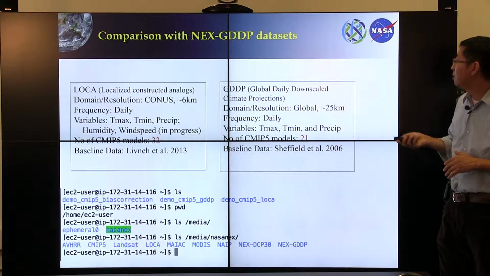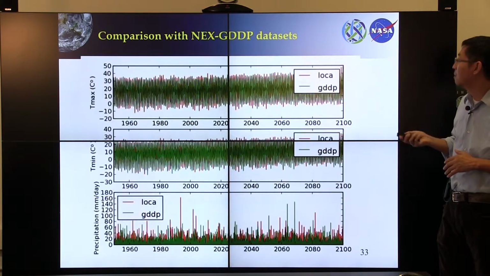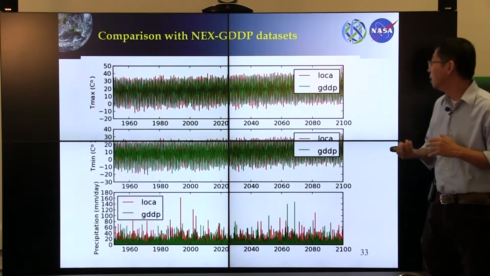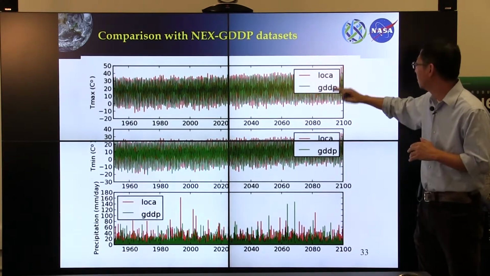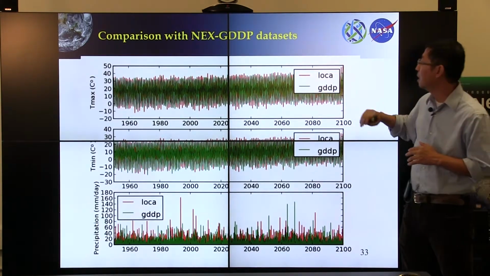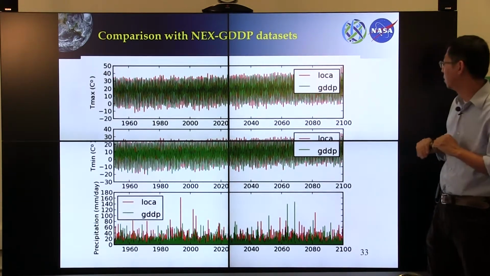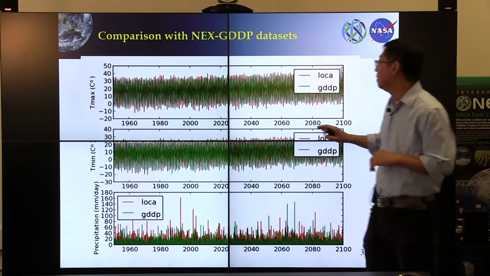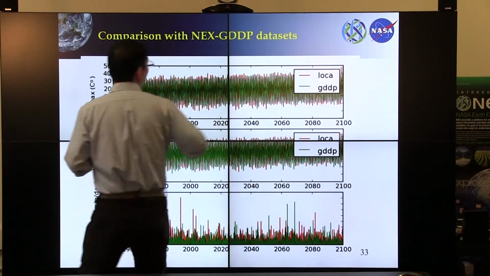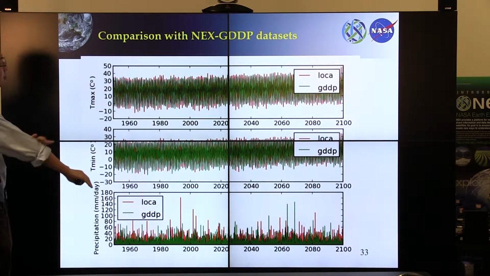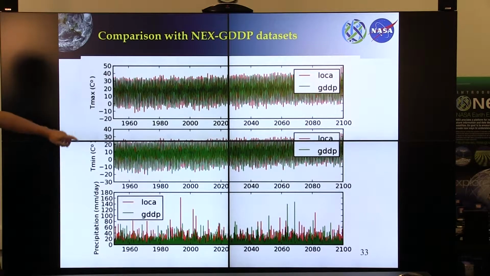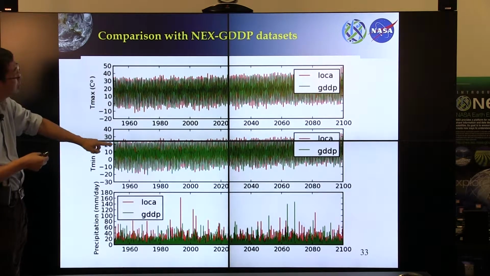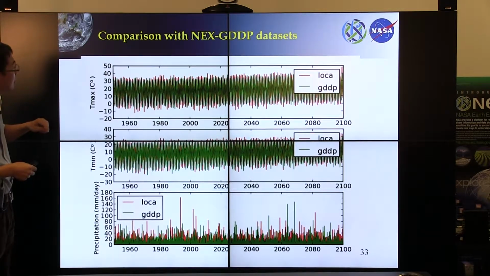For those scripts, there's a comparison option. You can turn on those options, so you can plot LOCA and GDDP side by side or on top of each other, and do some comparison. Once you plot them, at least for New York City, for temperature, they're actually pretty similar. I would say very similar.